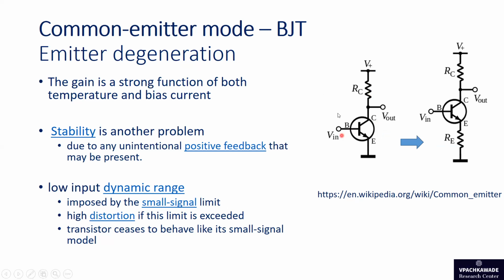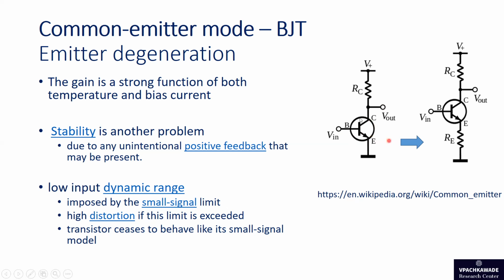For this simple circuit, where there is a resistor RC, the input is applied across base and emitter, and the output is taken across collector and emitter. The gain of this circuit is a strong function of both the temperature and the bias current. So if temperature fluctuations come or the bias current differs, the gain, which is the ratio of output to input, will vary.